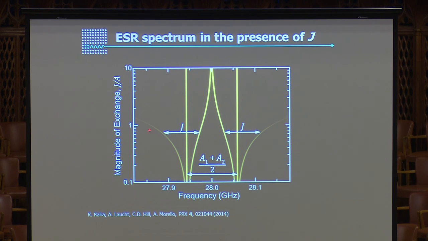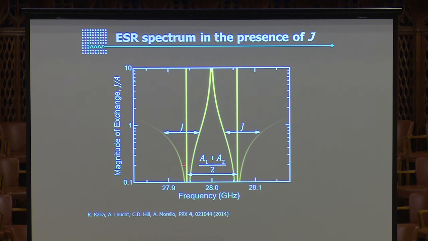This is the electron spin resonance spectrum of a pair of exchange coupled donors as a function of the exchange that is here normalized by the hyperfine. So 1 is when J equal A. A is about 120 megahertz here. So the interesting thing is low J, where J is less than 100 megahertz. Then there's basically 8 lines here.